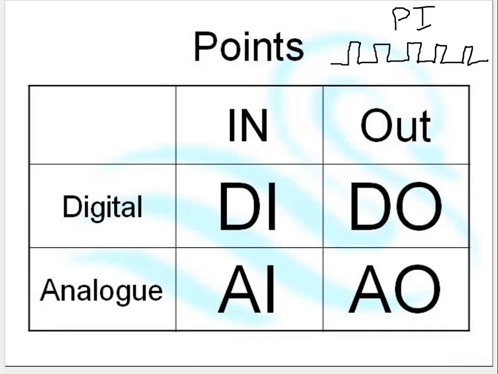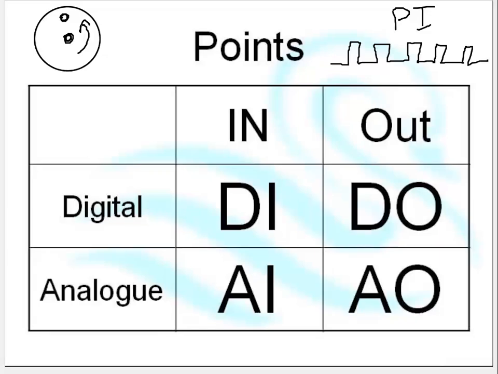The sort of instruments which give out pulses are basically encoders on some sort of rotating machine. If you have some sort of rotating wheel and you have an encoder on that wheel, then you get pulses, and the faster the pulses come out, the faster the machine is moving.